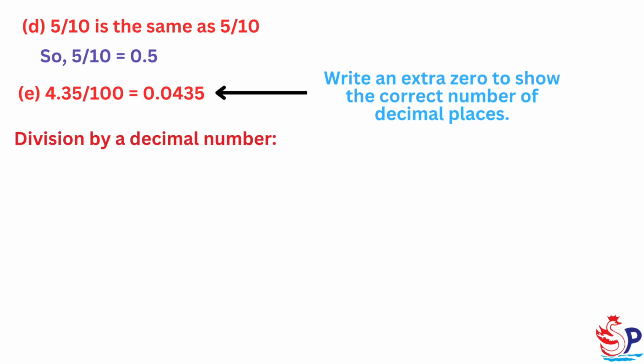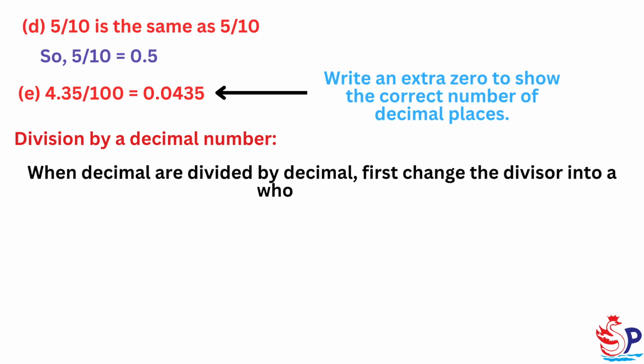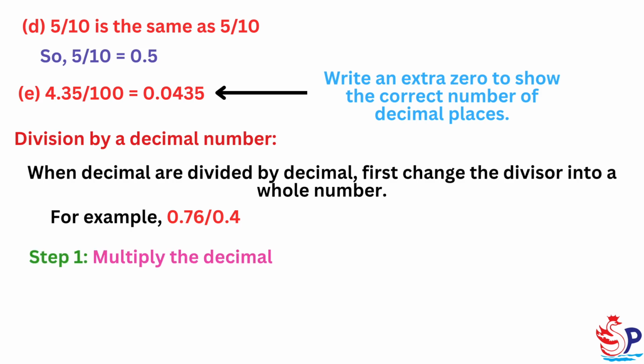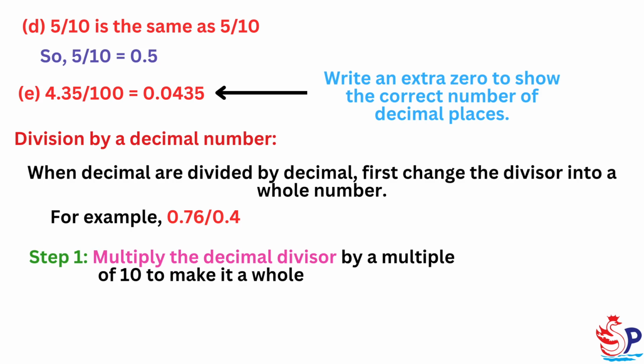Division by a decimal number. When decimals are divided by decimals, first change the divisor into a whole number. For example, 0.76 divided by 0.4. Step 1. Multiply the decimal divisor by a multiple of 10 to make it a whole number. 0.4 times 10 equals 4.